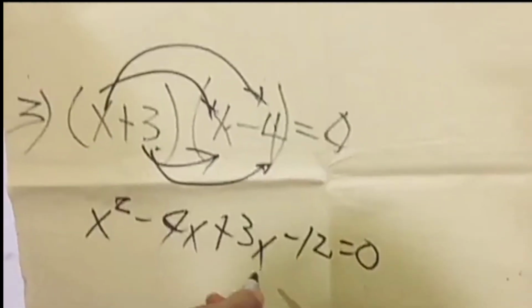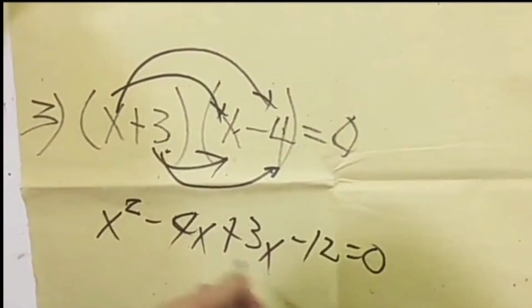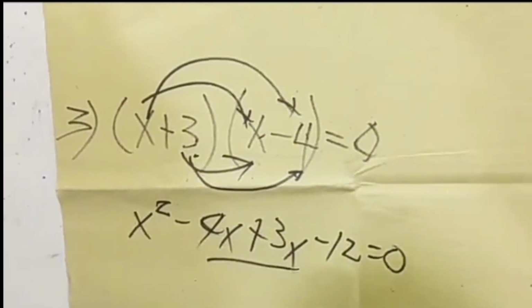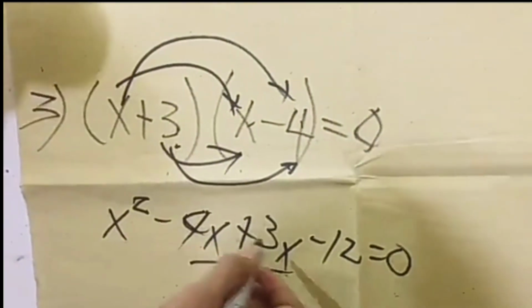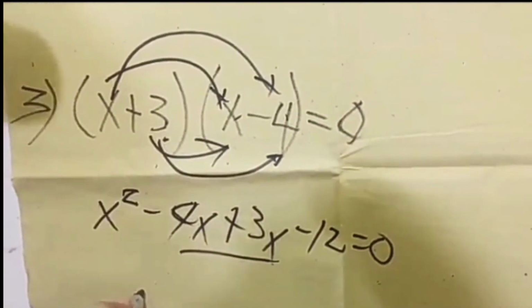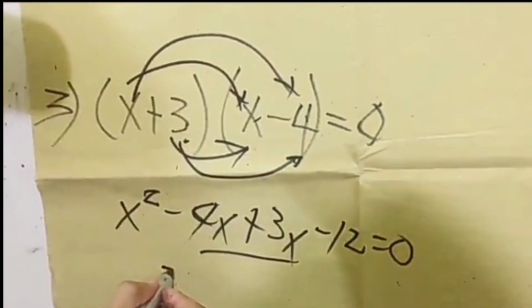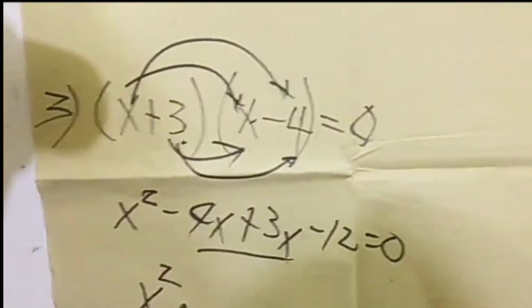This is not yet in standard form, not yet a complete standard quadratic equation, because of these two terms. We need to combine these. Since negative and positive, we have to subtract.